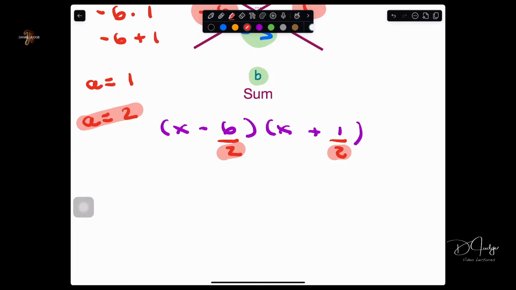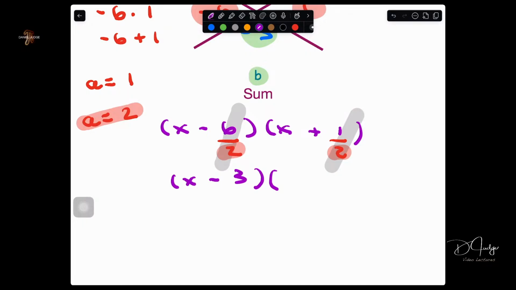Okay. And then notice what happens with that division. If I said to you, just focus on 6 divided by 2 and 1 divided by 2. 6 divided by 2 is a nice whole number, x minus 3. We can do that division. The problem with 1 divided by 2 is it is not a whole number. 1 divided by 2 will give me a decimal value.